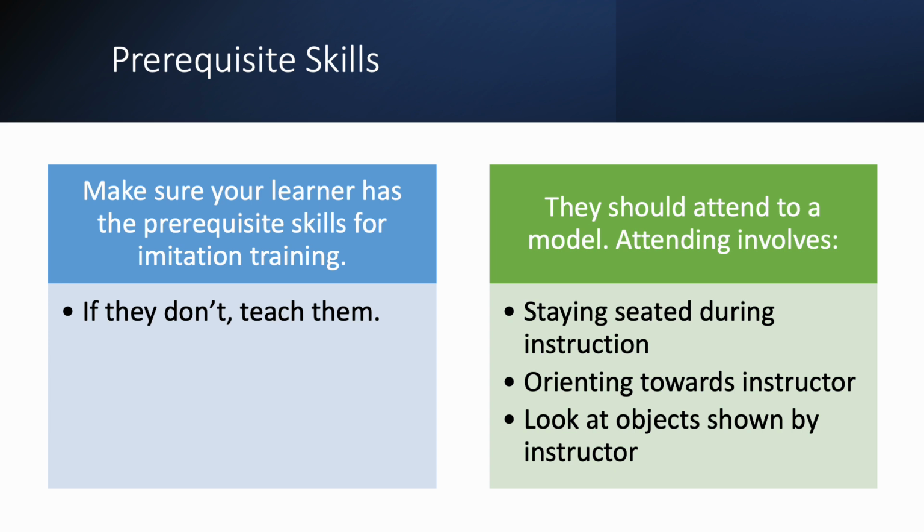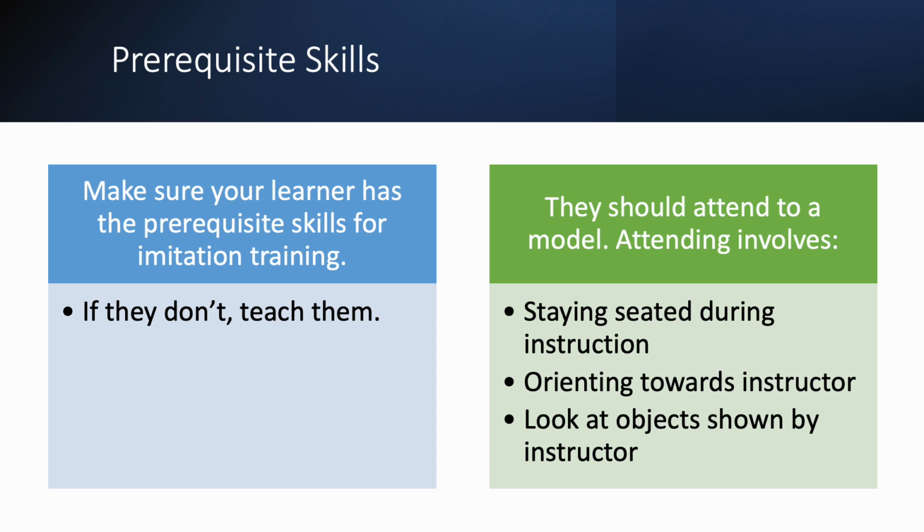So, like I mentioned, if we want to eventually get the learner's behavior to come under the control of a model, then we need to make sure that they are attending to models, right? So that when we reinforce these responses and eventually their imitative repertoire grows, they're able to see novel models and copy those models.